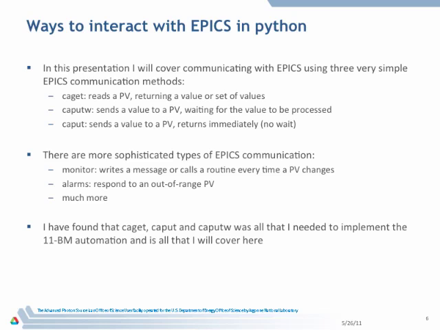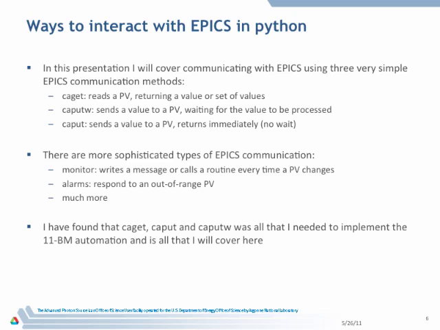This isn't all the communication you can do in EPICS. There's plenty of other things you can do. For example, you can monitor a PV, which will write out or do something every time the value changes. You can have alarms. When a PV gets to a certain value that you want to trigger something, it will do something.